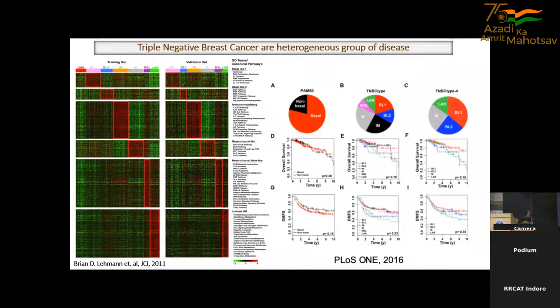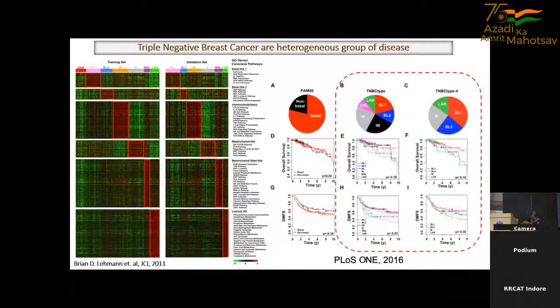And the major subtypes they could classify were basal-like 1, basal-like 2, immunomodulatory, mesenchymal, mesenchymal stem-like, and luminal androgen receptor. And they had a fair difference between their survival and outcome in those patients.